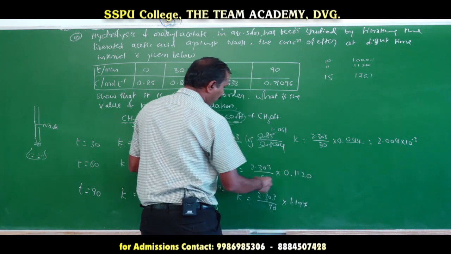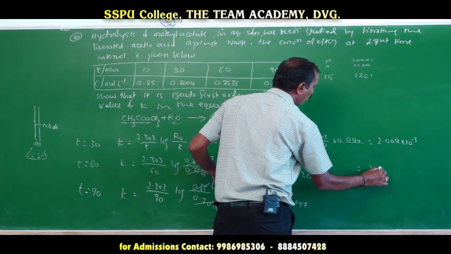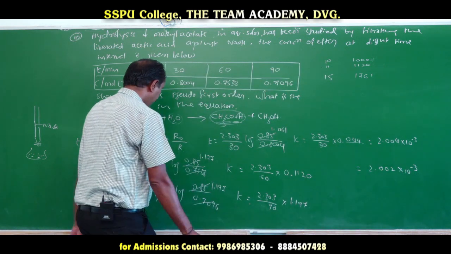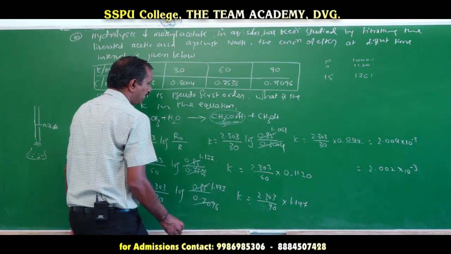Okay. So if you multiply those, finally we can get 2.002 into 10 to the power of minus 3. Then like that for 1.197.